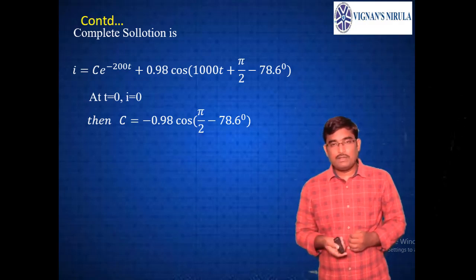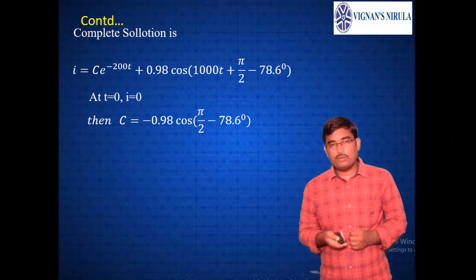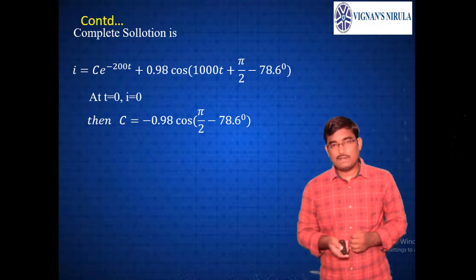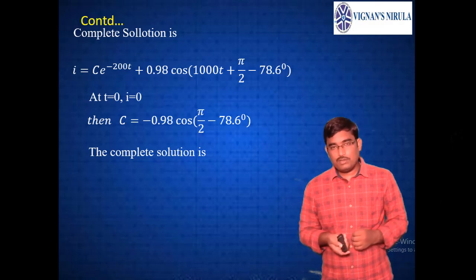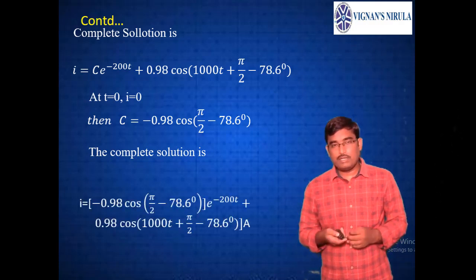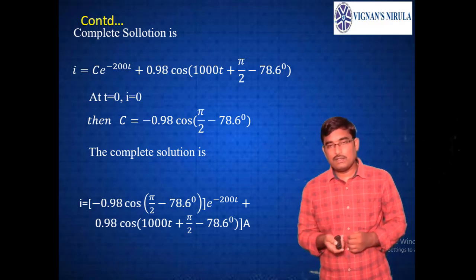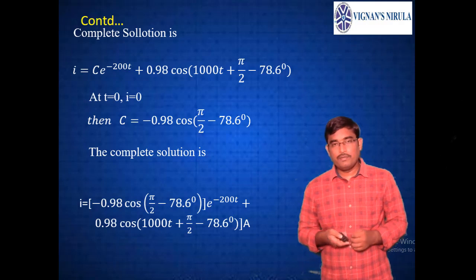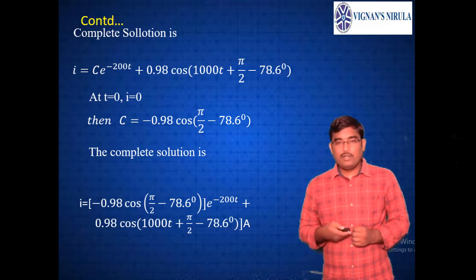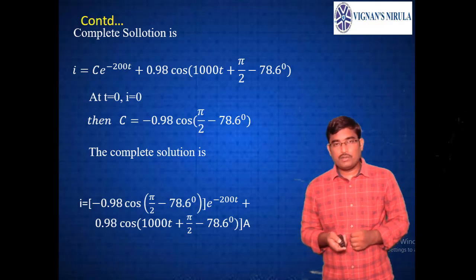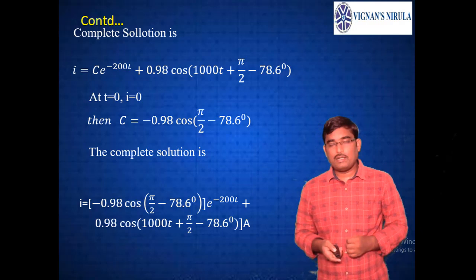So from this, C equals minus 0.98 into cos of pi by 2 minus 78.6 degrees. Now the complete solution for the current is I equals minus 0.98 into cos of pi by 2 minus 78.6 degrees, which can be further simplified, into e power minus 200t plus 0.98 into cos of 1000t plus pi by 2 minus 78.6 degrees amperes.